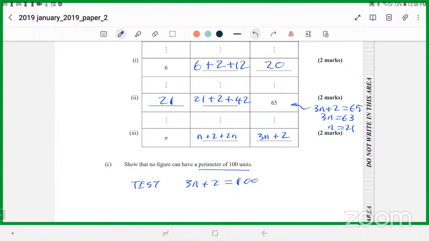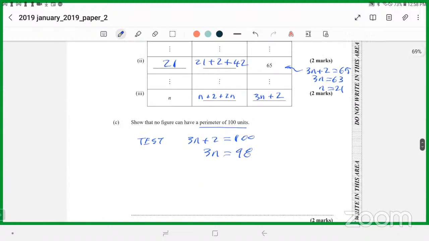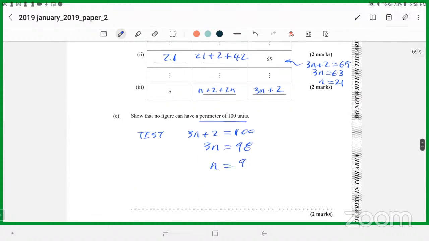Subtract the 2 first, you will get 3n equals 98. n will be equal to 98 divided by 3, which is what? Work it out for me quick, the calculator. 98 divided by 3 is what? How much did you get? 32.7, which cannot be a natural number.